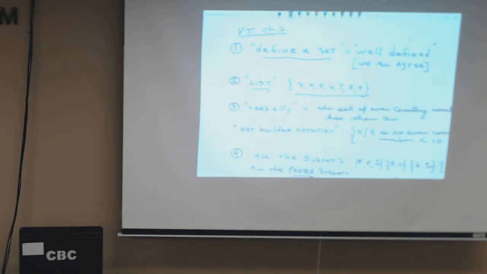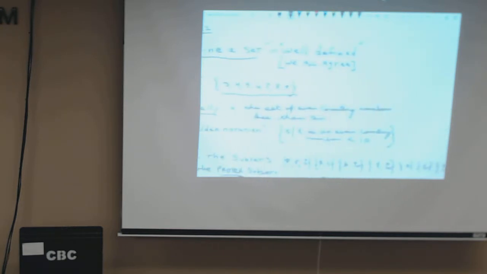Number 3 on page 101, chapter 2 practice test. Describe the following sets verbally and in set builder notation. Verbally is just in words. And I'm looking at 3B. The set of even counting numbers less than 10.